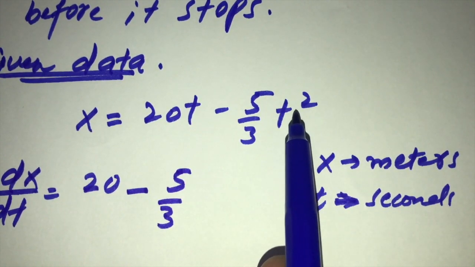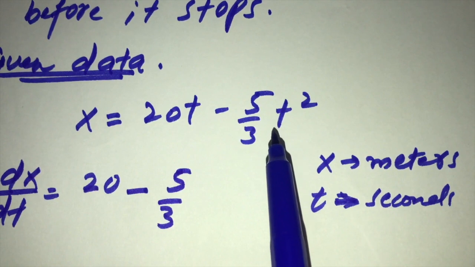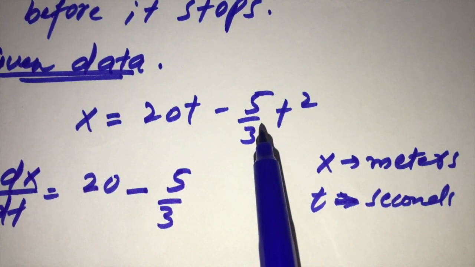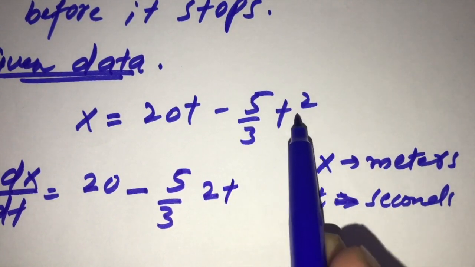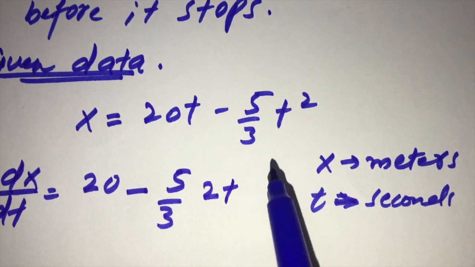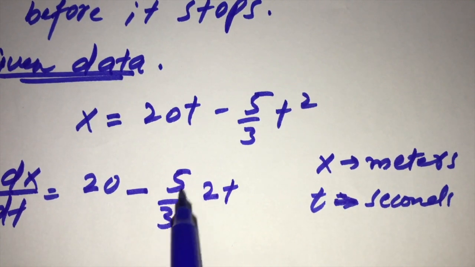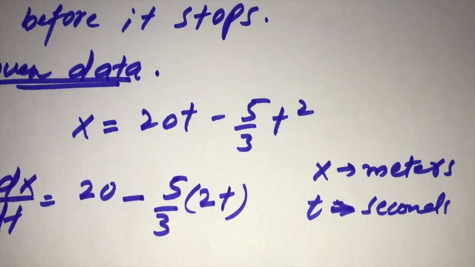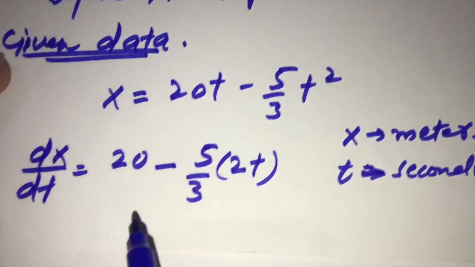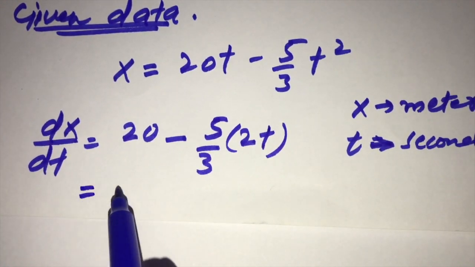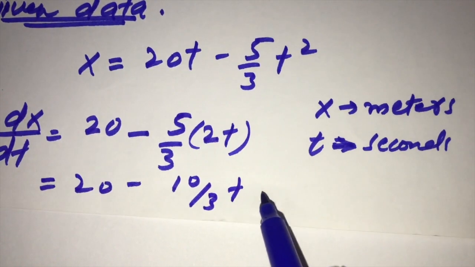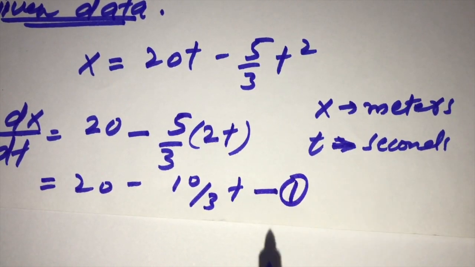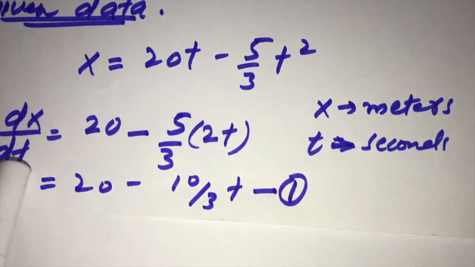The derivative of t square follows the rule for the derivative of x to the power n, so it is 2t, and then dt by dt is 1. First we simplify it, which is equal to 20 minus 10 by 3 t. Name this equation as 1. Now put t equal to 0 in this equation 1.